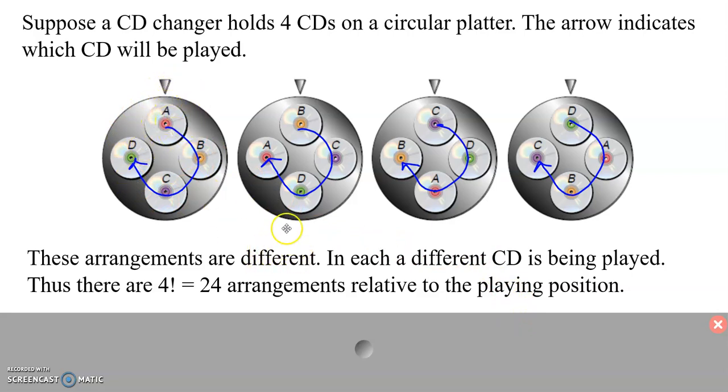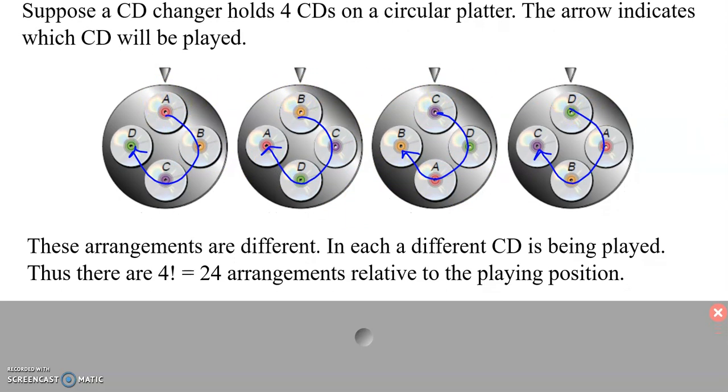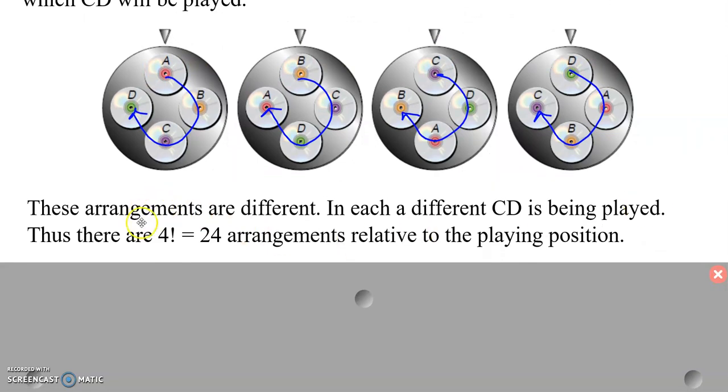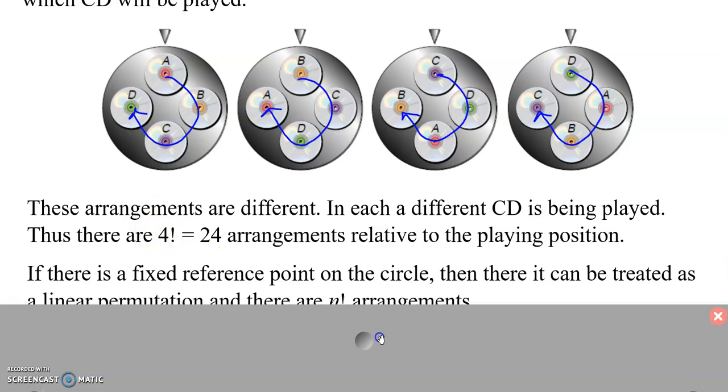You can see that in each one of these, A, B, C, D, and A, B, C, D, it's just rotated. You can see that there's a different CD being played in each arrangement. So there are actually 4 factorial different arrangements, not 4 minus 1 factorial.